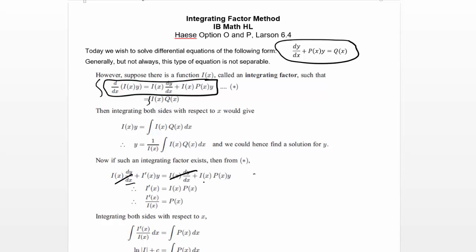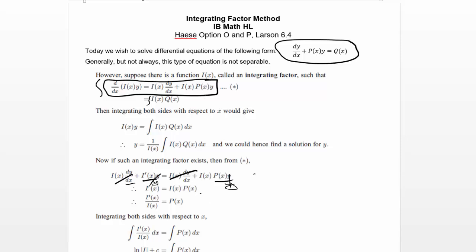Further, note that what's left over each has a y, so we could divide each of these expressions by y and eliminate them, and we're left with the derivative of I is equal to I times p(x), which again was the expression that started in front of y.